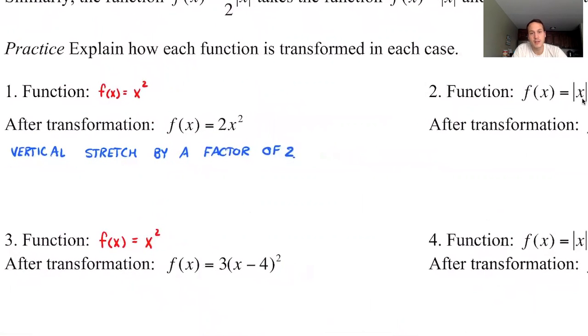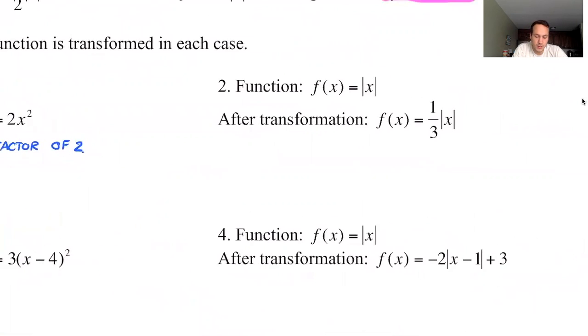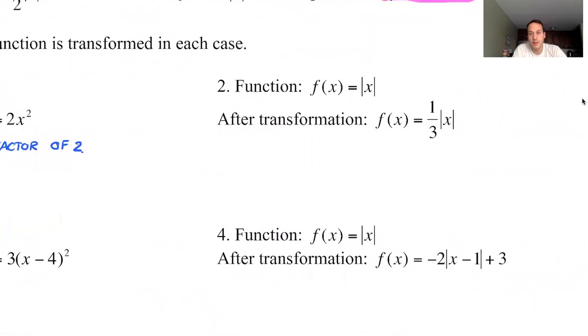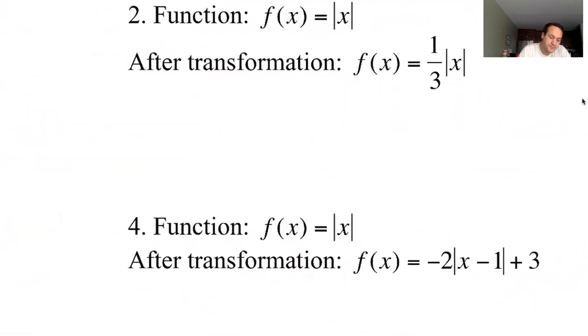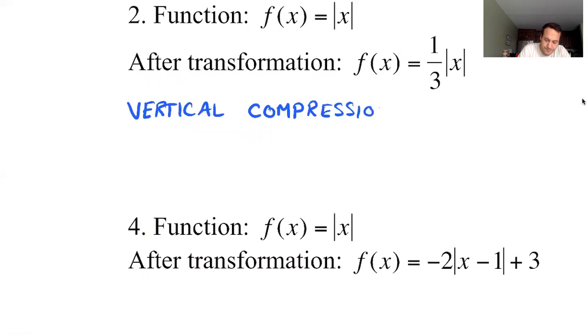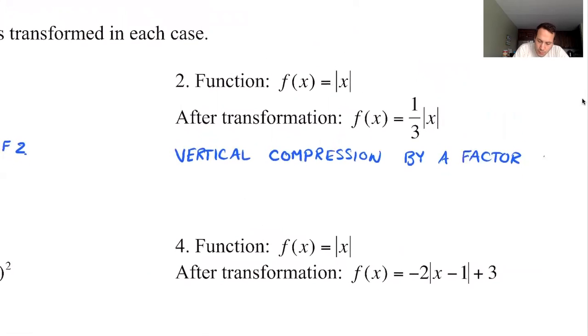Vertical stretch by a factor of 2. If I took absolute value of x and it became 1/3 of absolute value of x, this is a vertical compression by a factor of 1/3. Okay, so you must say that by a factor of.